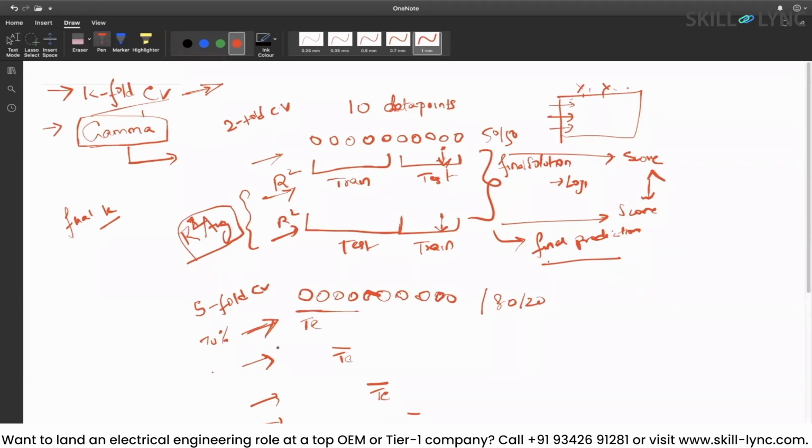Assume that you have directly built the model and then you got 70% accuracy. And now you want to dig further. When you dig further, you will notice that these 2 points were chosen as test and the remaining were trained. Now, for better understanding, what we should do is we should convert this test from here to here.